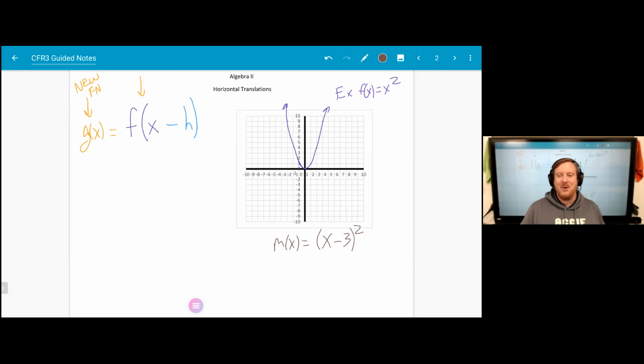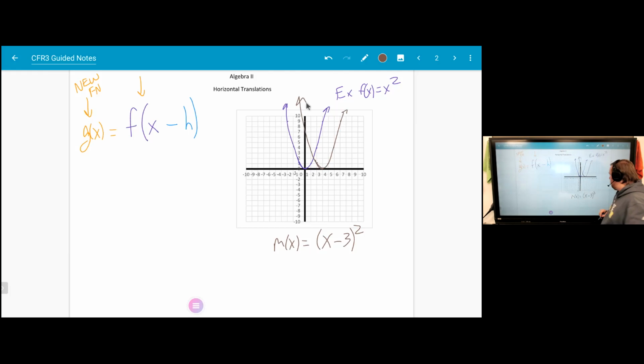If you've done the pre-work, you already know what's happening. This is the opposite of what you think, because in my mind, it's minus, so it should be shifting left, but it's not. Minus 3 shifts it 3 units right. 1, 2, 3. Close enough. This would shift it 3 units right.